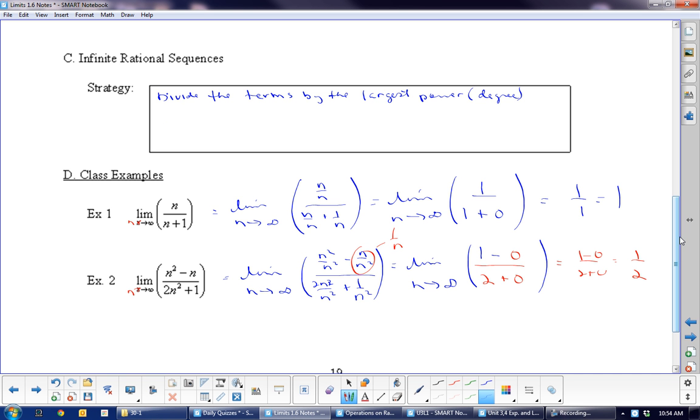So n over n's will equal 1, and 1 over n's to the r will equal 0.